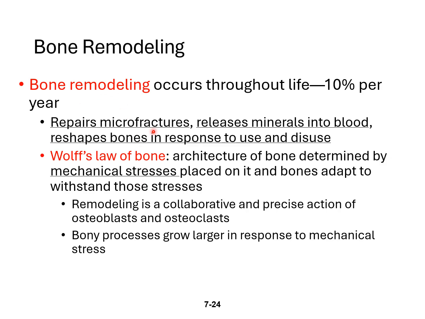It's the same way if you watch Kung Fu movies, you see somebody punching a tree trunk over years, and eventually they'll build up calluses. But what they're doing is building up bone in their knuckles to make their knuckles a lot stronger. And this is part of Wolff's Law of bone. If you continue to put stresses on a certain bone, like if you're punching a tree, those bones that you're using to punch a tree are going to get stronger.